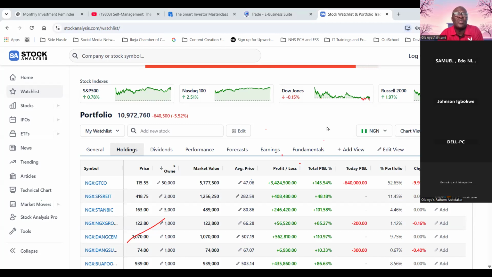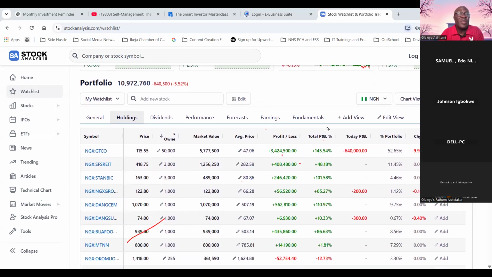Now it has come down to 749. Oh, my stock is losing value. I'm even going to sell it off. No, this is not the time to sell your stocks. When the price is coming down, that's when you should buy more. Because when it is going to start picking up again, you are going to be part of the people that will enjoy the bull run.